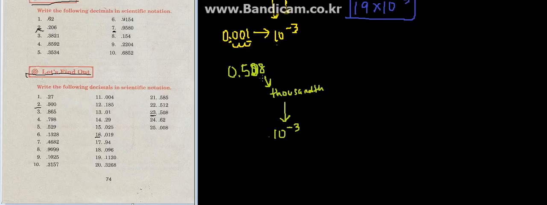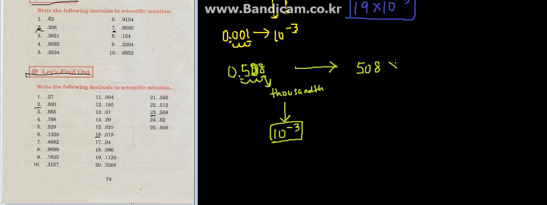Why 10 to the negative third? Because the thousands place is at the first, second, third place after the decimal point. That's why. Okay, so this is 10 to the negative third. That's the exponential notation form of thousands. And you just write down the numbers here without any decimals, and drop out the 0 because it doesn't mean anything.